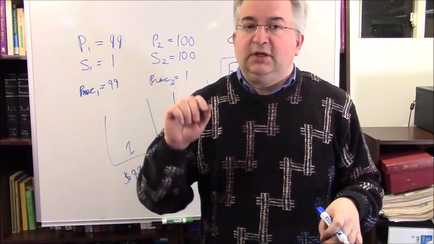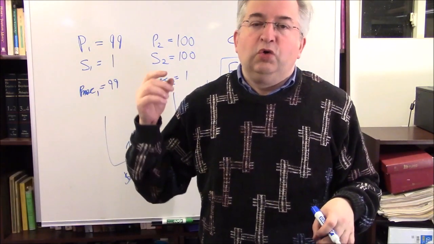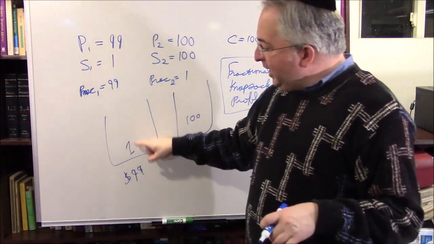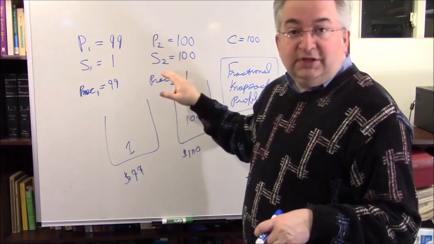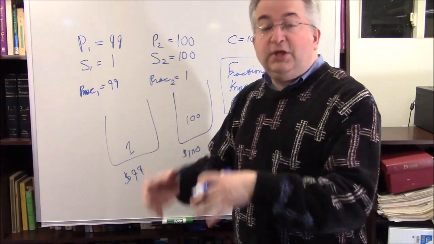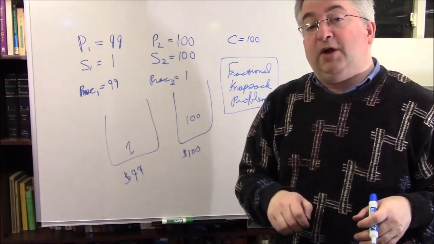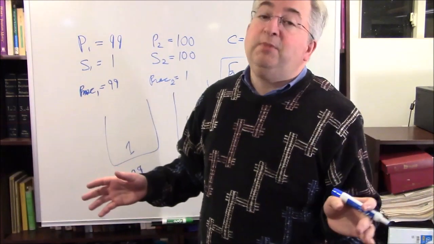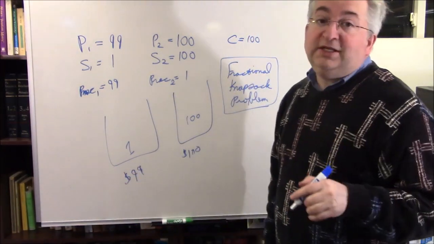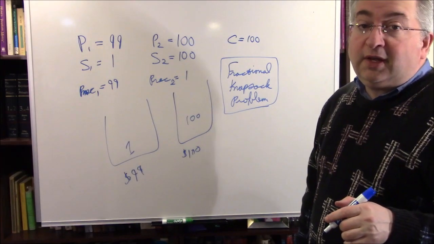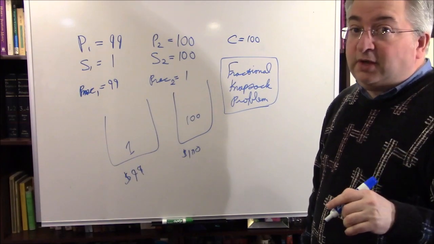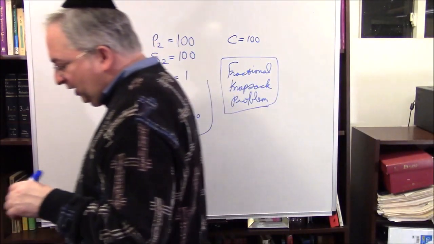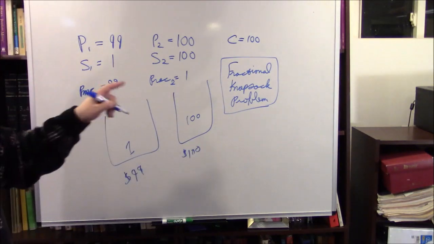But you're allowed to take part of things. The problem here was I couldn't take part of these things. In the zero-one knapsack problem, you either take it or you don't take it. You can't take fractions. In the fractional knapsack problem, you can take parts of it.